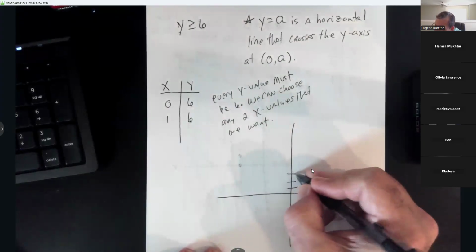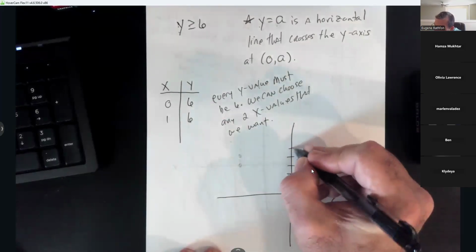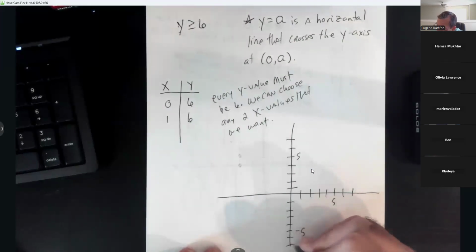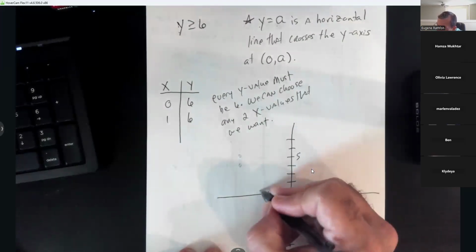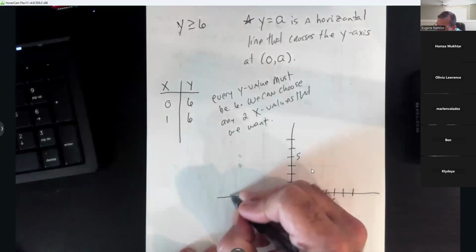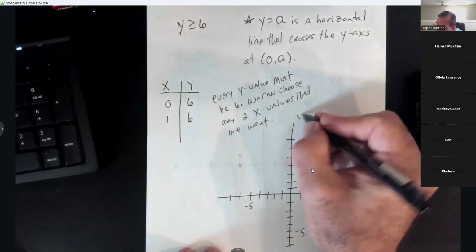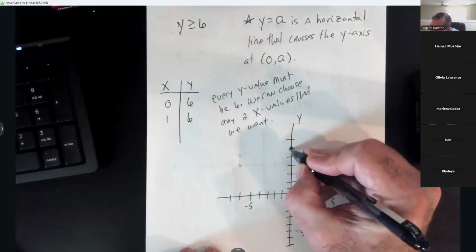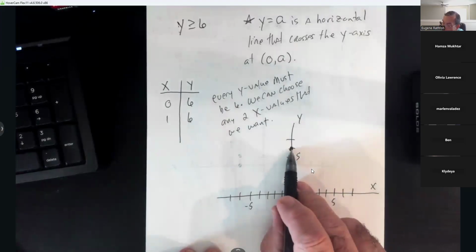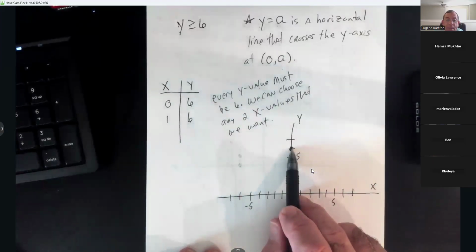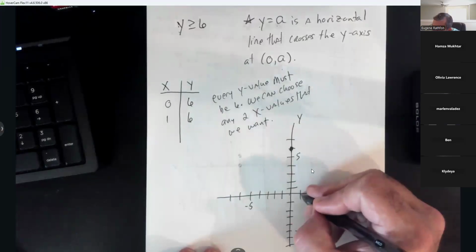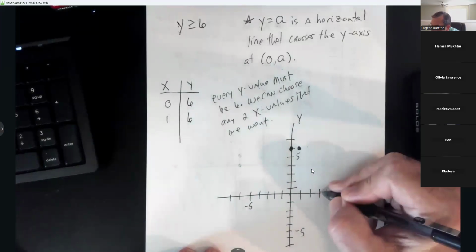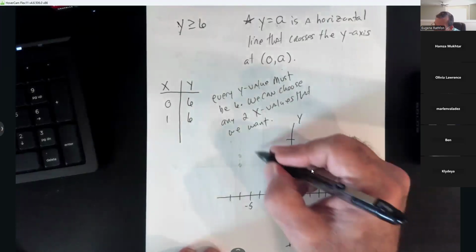So let me go about 7 on this one. All right, so there's my X and my Y. So 0, 6 will be 0 on the X's up to 6. So that's what we said. It would cross the y-axis at 0, 6. And then 1, 6 will be right 1, up 6. So you could have did 2, 6, 3, 6, negative 5, 6.